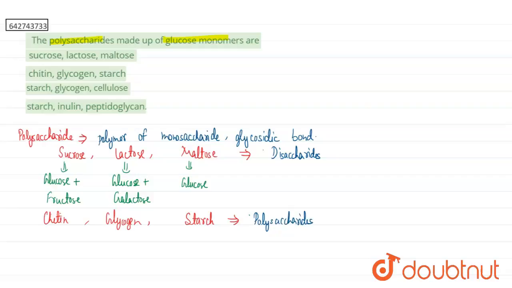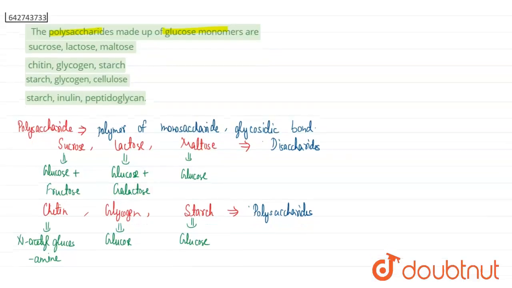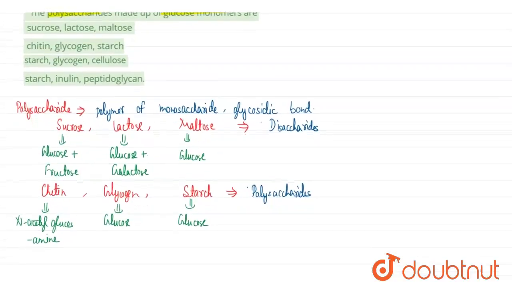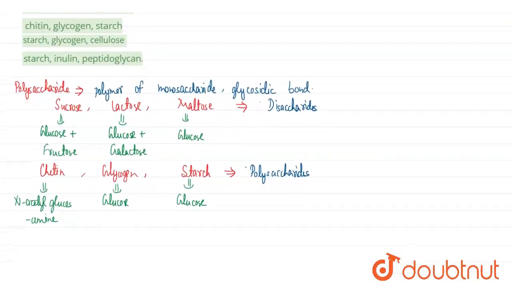Chitin is made up of N-acetyl glucosamine units. Glycogen has several glucose molecules in its structure. And starch also has glucose in its structure. So here, only one will not have glucose, while the other two will have glucose.